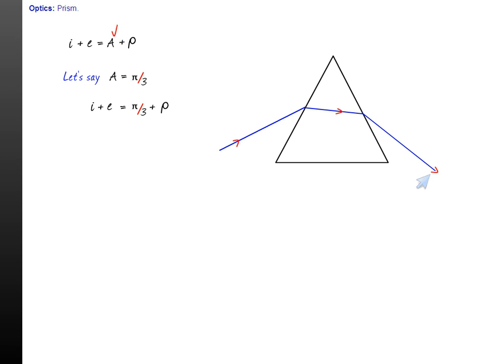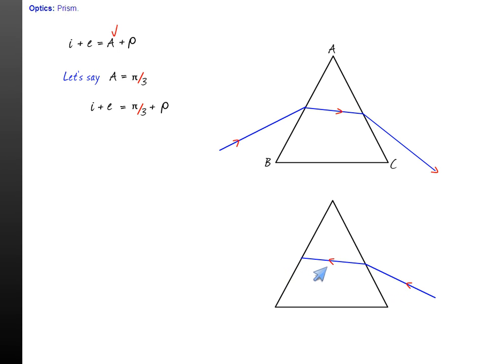Now friends, using the principle of reversibility of light, we can say that if the light is incident on the face AC, then it would have retraced.